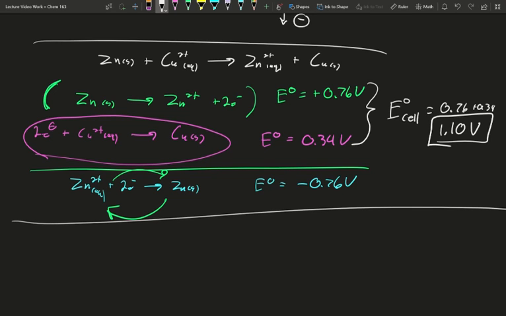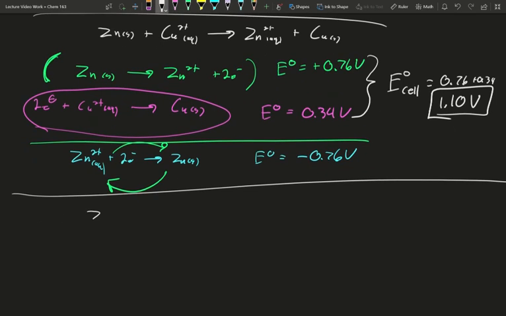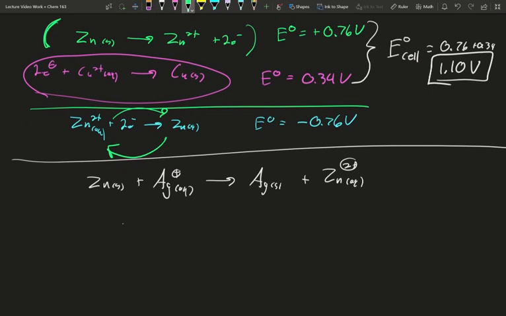Our other example where I said, hey, silver is a little more wanting of electrons than copper. Let's compare there. My zinc solid plus silver ions would go to silver solid and zinc ions. We'd have two half reactions.